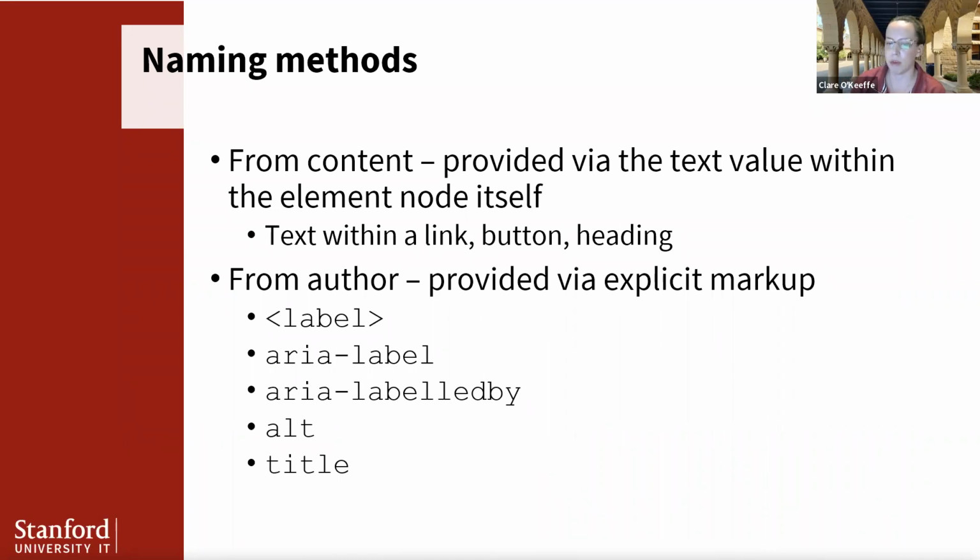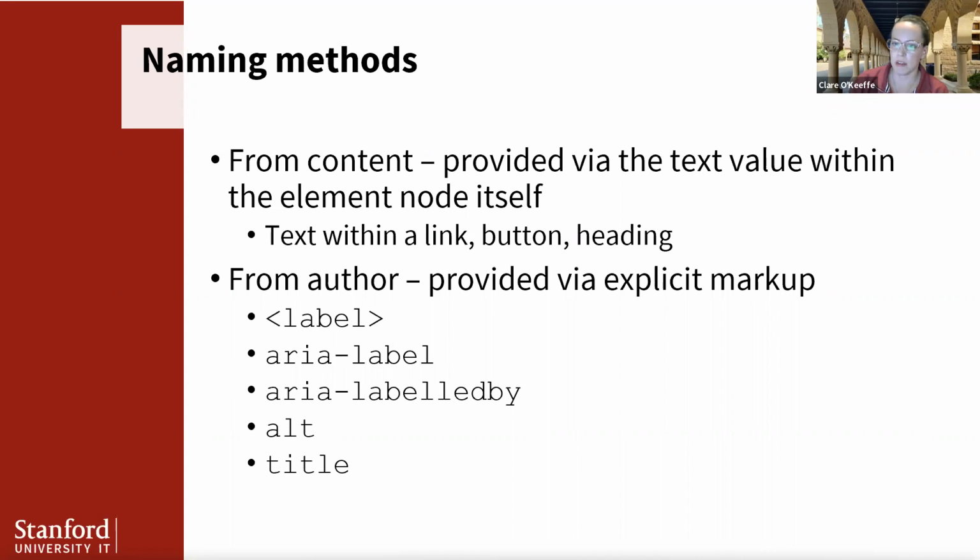So like we talked about before, a link or a button that has text inside of it can be labeled from the content within it. So if it's a link that says click here, that text is inside of the link element and that becomes the accessible name. But it can also be given in an additional way from you authoring it or someone else, adding additional explicit markup to give it that accessible name.